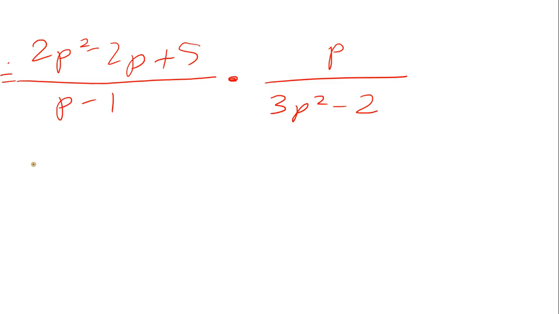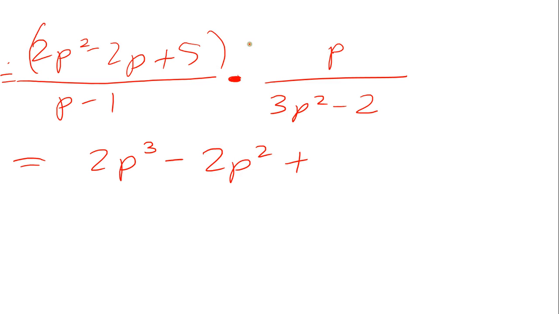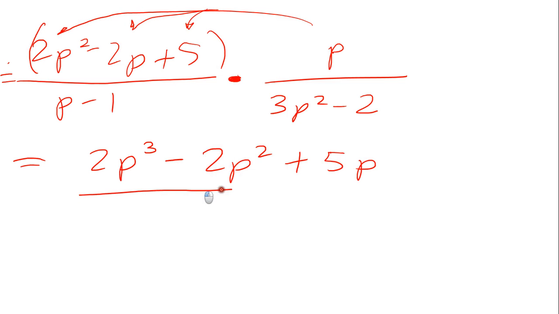So basically what I'm going to end up with is multiplying tops: 2p cubed minus 2p squared plus, because remember I'm multiplying this whole thing times p, this is distributed to here, here, and here. Remember, distribute, be very careful. And plus 5p. That is going to be divided by this product, this times this, basically.